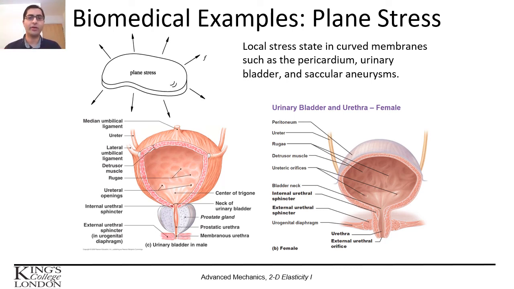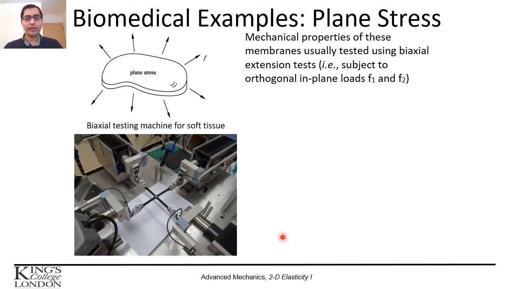So they have kind of polar symmetry or axis symmetry. So basically this simplification also gives us a good way to find the mechanical properties of the tissue.